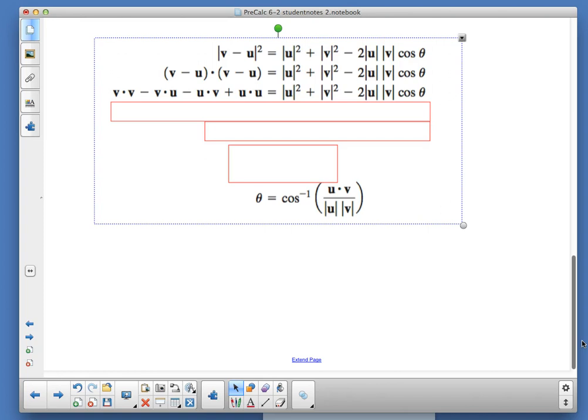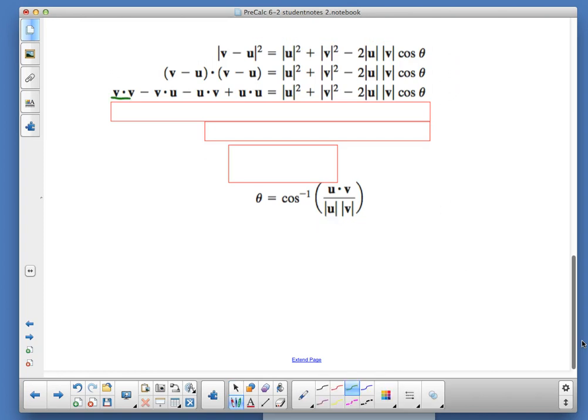I had v dot v minus v dot u minus u dot v plus u dot u. As you step through that, you're going to notice some stuff. This is v squared. This is v squared. This is u squared. I'm going to make that a different color. And that's u squared.